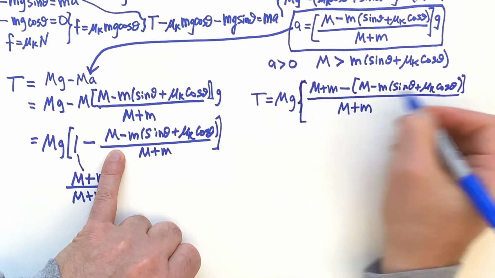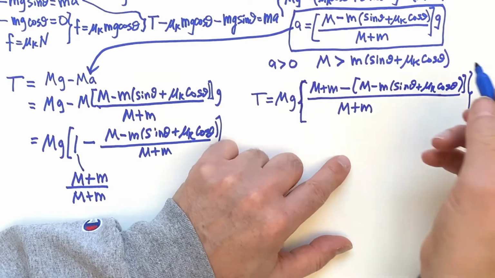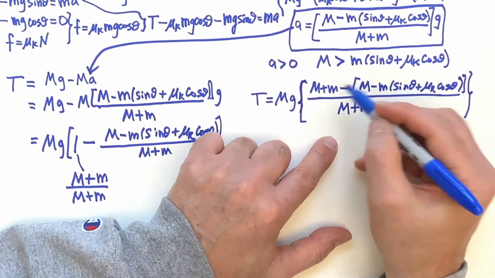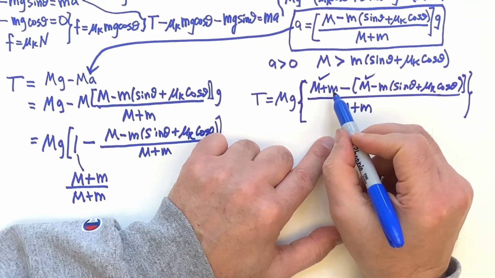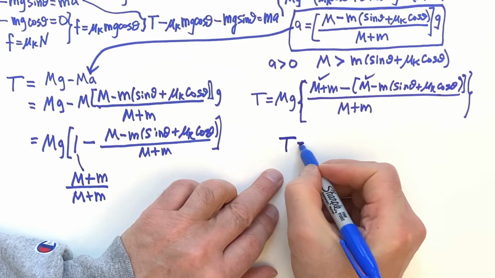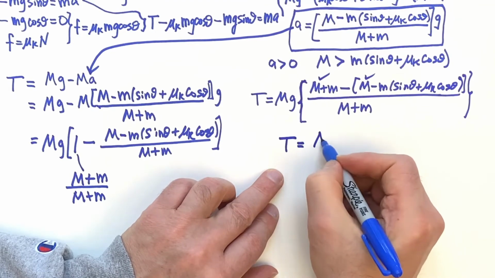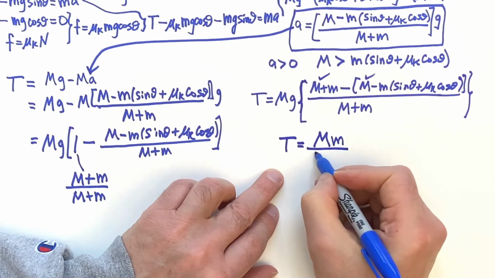Maybe go like this to just have the different brackets. Now here you can see that the big M is going to cancel, and then the little m is going to factor out, and I'm going to have the product of the masses, big M times little m, over the sum.